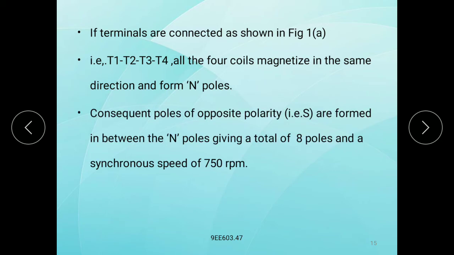Consequent poles of opposite polarity are formed in between the N poles, giving a total of 8 poles and a synchronous speed of 750 rpm.